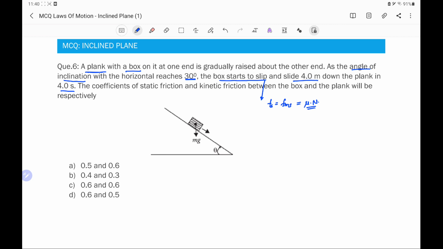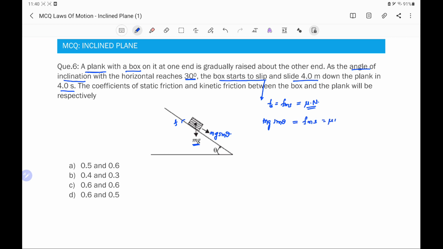So in the limiting condition, when the block is just about to slide down the inclined plane, the friction force will act in the upward direction, and the component of mg along the plane will be mg sin theta, which is acting downward, and gets balanced by the maximum static friction force.